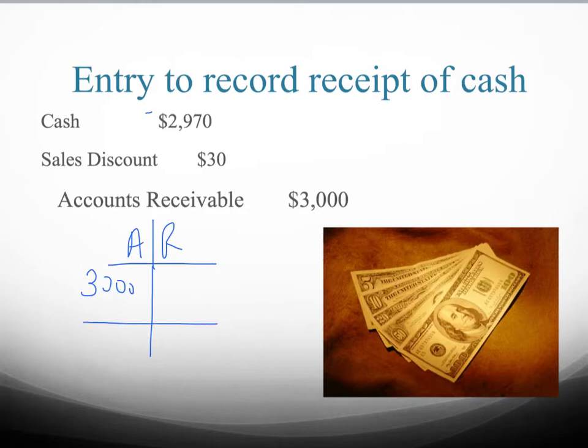I must make their accounts receivable account a zero balance because they have paid us according to the terms of the invoice. When you look at the T account, you can see immediately, what do you need to credit their account? You must credit it $3,000. So what's the difference? Well, that's our sales discount.